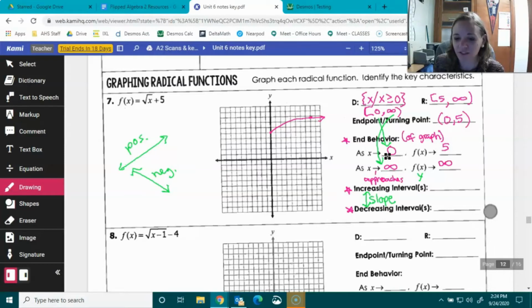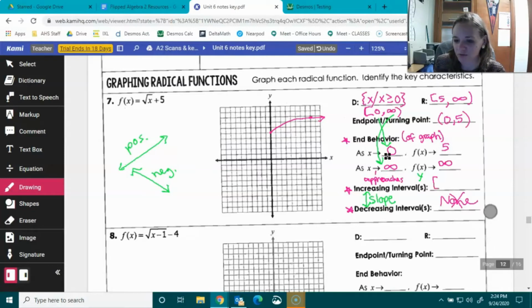So this is similar to linear, but we have just a curve in our graph. So as I'm moving from the left to the right, I'm increasing. If it was the other way, it would be a decreasing interval. So I have no decreasing interval, or none, in this particular case, but I'm increasing the entire time. So all you have to do is say I'm increasing from my x values.